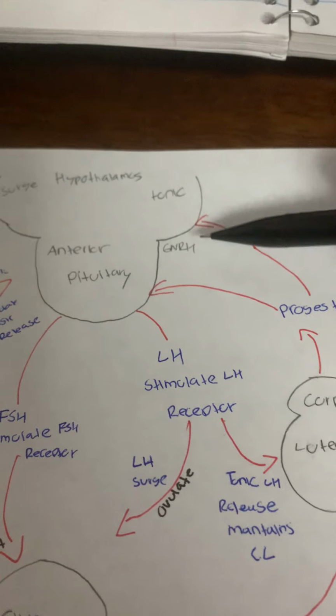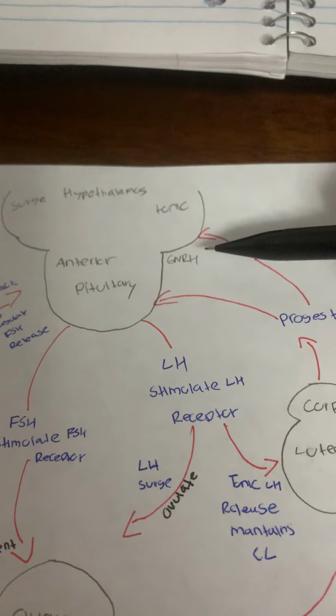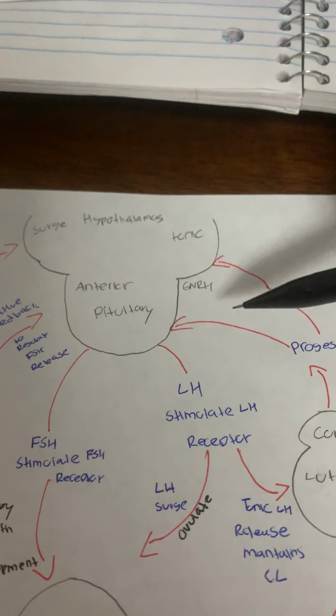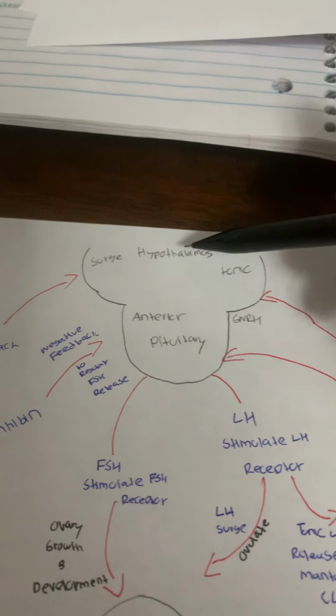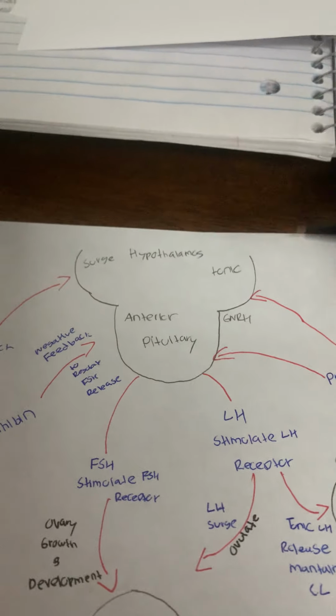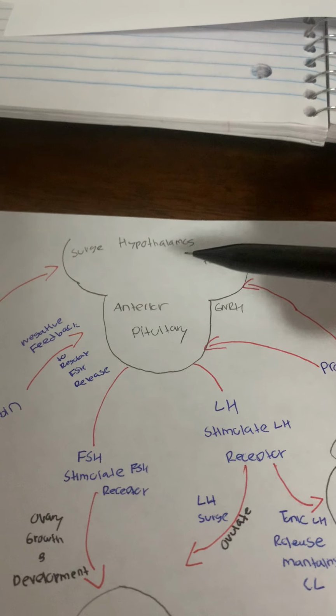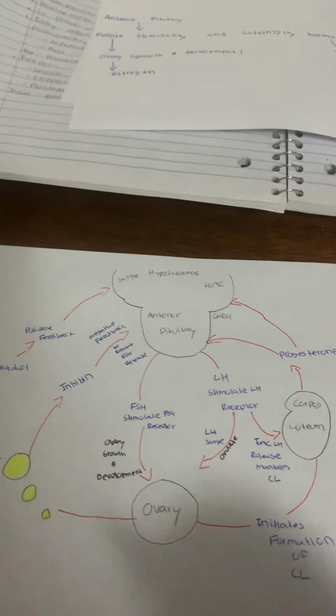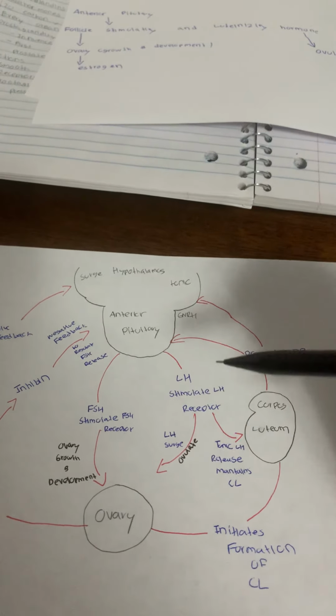I have written over here the GnRH, which is our gonadotropin releasing hormone, which comes from our hypothalamus, which in turn affects everything that we have here.